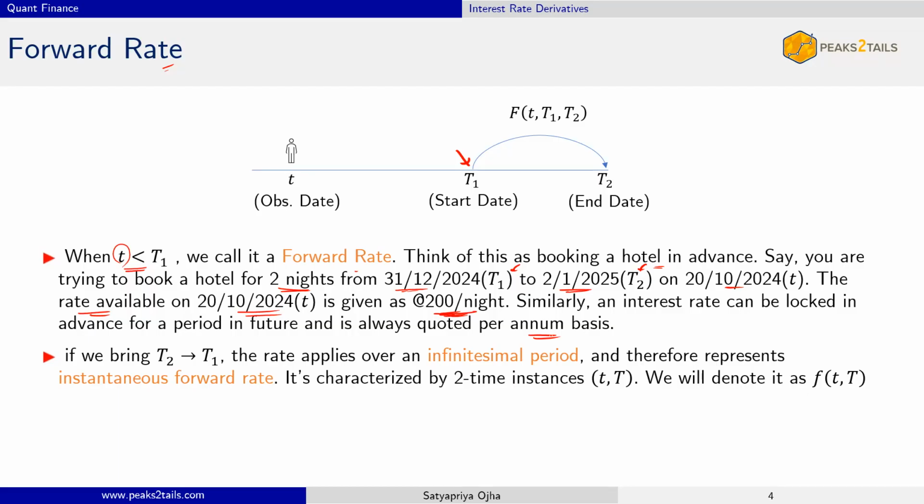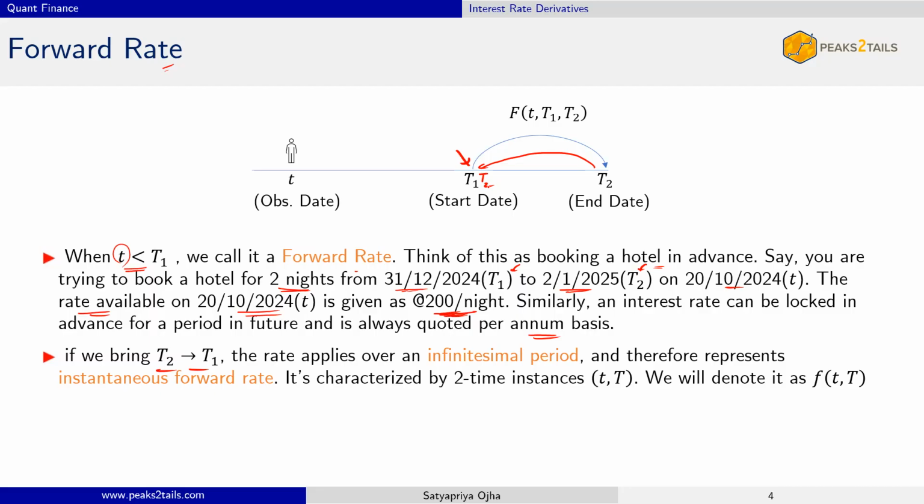Okay, perfect. Now, let's bring T2 close to T1. So it's just next to T1. Think of this as T2 being one instant later than T1.